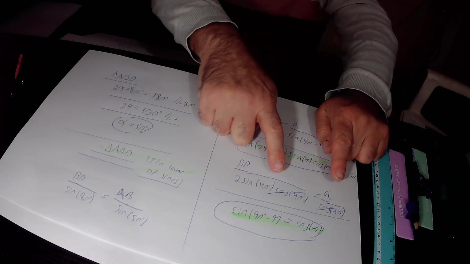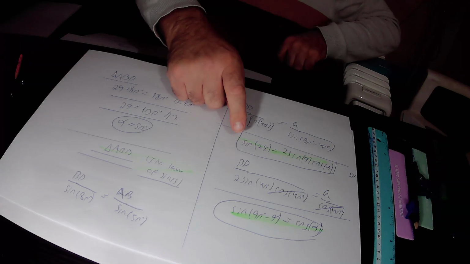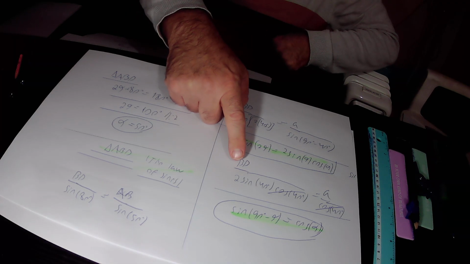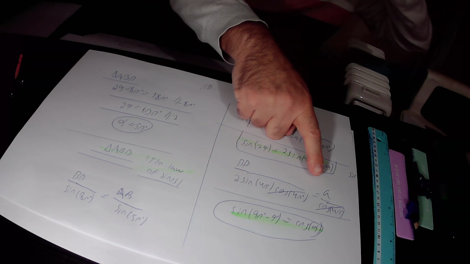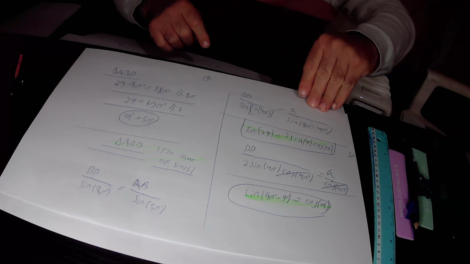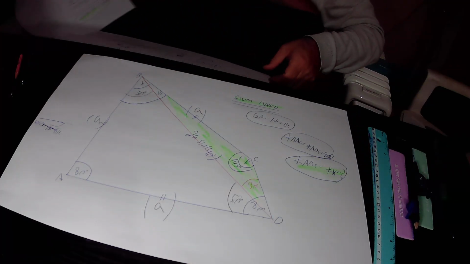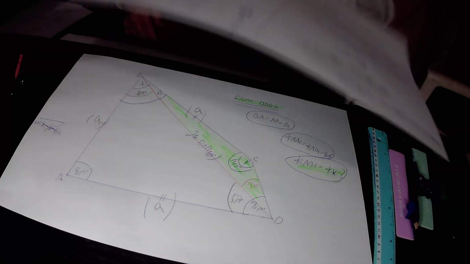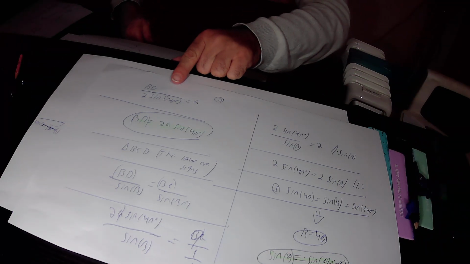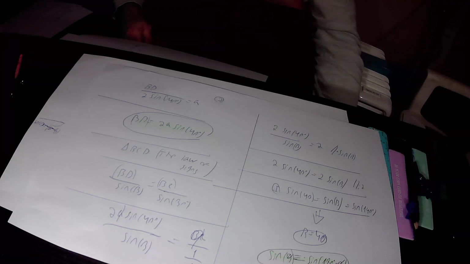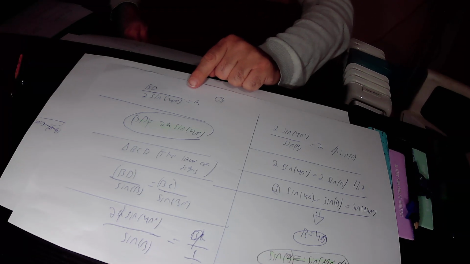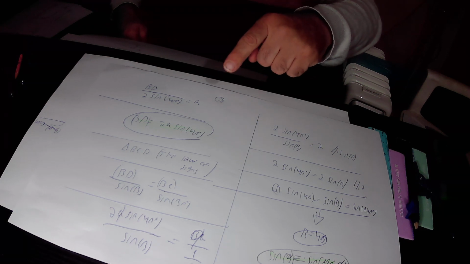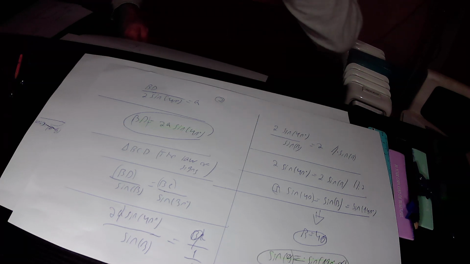After I cancel cos 40 degrees, this side of the equation is left only with BD over 2 times sin 40 degrees, while on the other side we are left only with A. So BD over 2 times sin 40 degrees equals A. Here we multiply this equation by 2 times sin 40 degrees and finally find that BD equals 2 times A times sin 40 degrees.